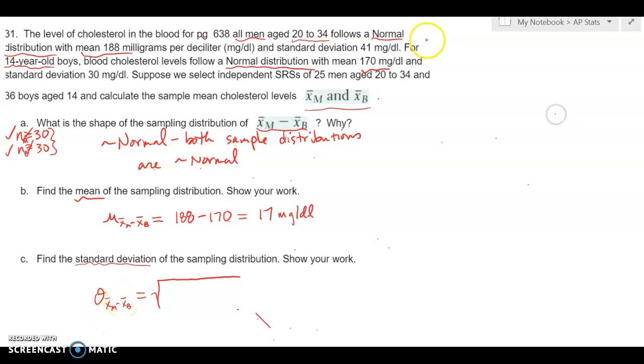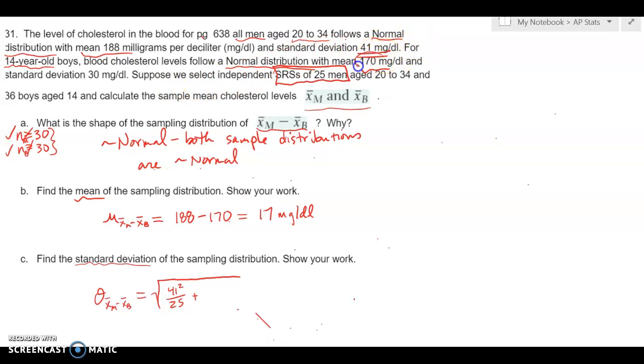So I take the standard deviation squared, which is 41 squared, and I divide it by however many there were. And so in this case, we go back up here and we see that these are independent SRSs of 25 men. So there's my sample size for the men.